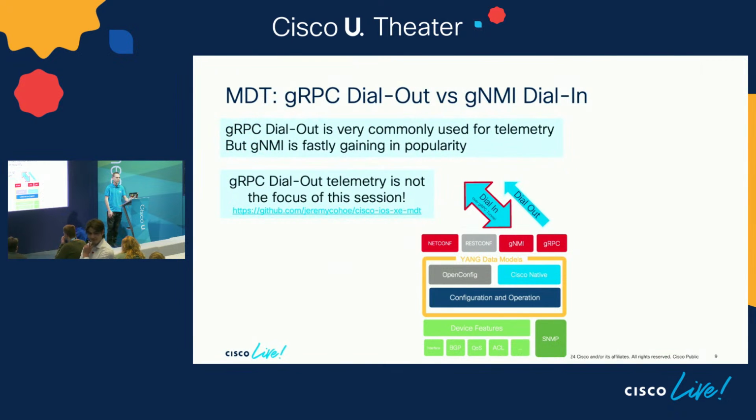This interface counter data, for example, is one of the most common use cases. So we have some differences between gRPC and gNMI. I have a slide coming up that describes gRPC and the protocol buffers and some of the technical implementation of these features. But I just wanted to call out the two main differences here for these gRPC-based telemetry interfaces. gRPC dial out is very commonly used.